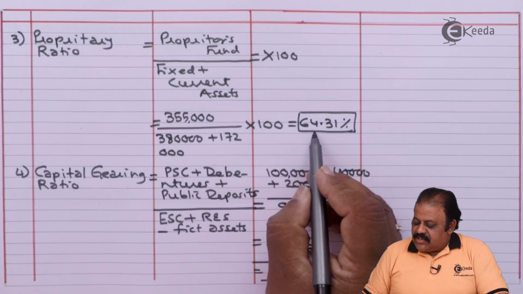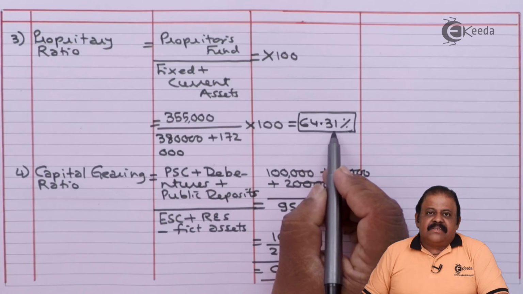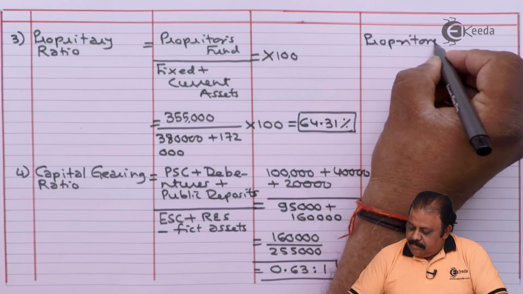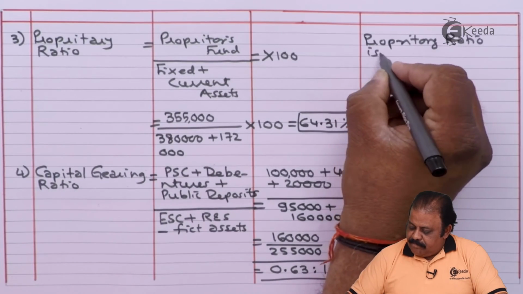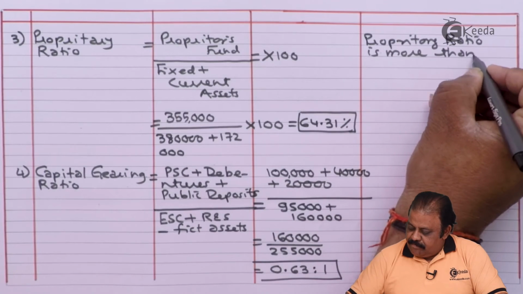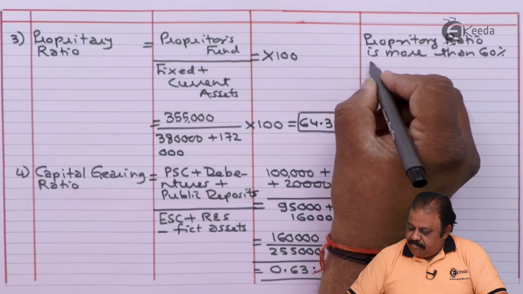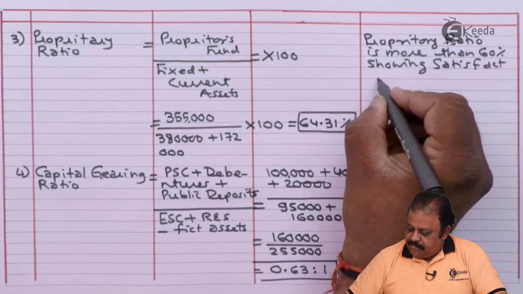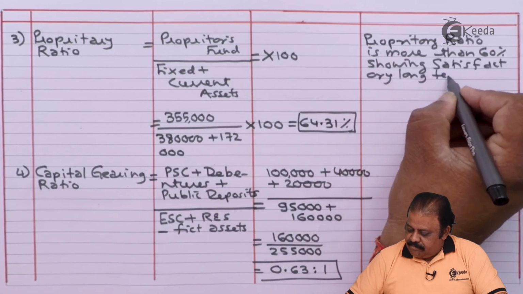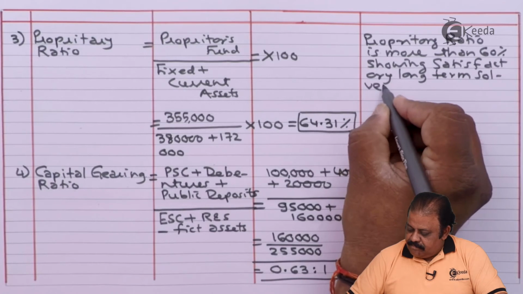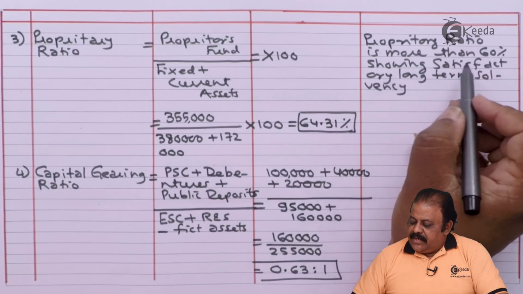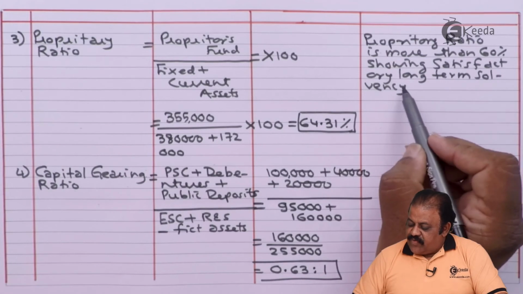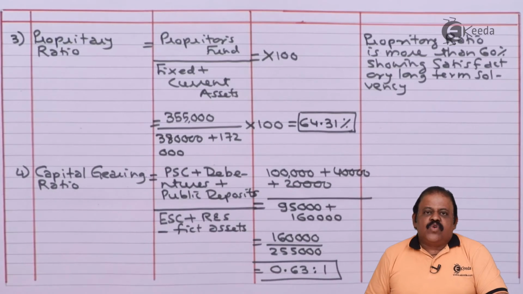Proprietary ratio is 64.31%. Proprietary ratio is more than 60%, showing satisfactory long-term solvency.